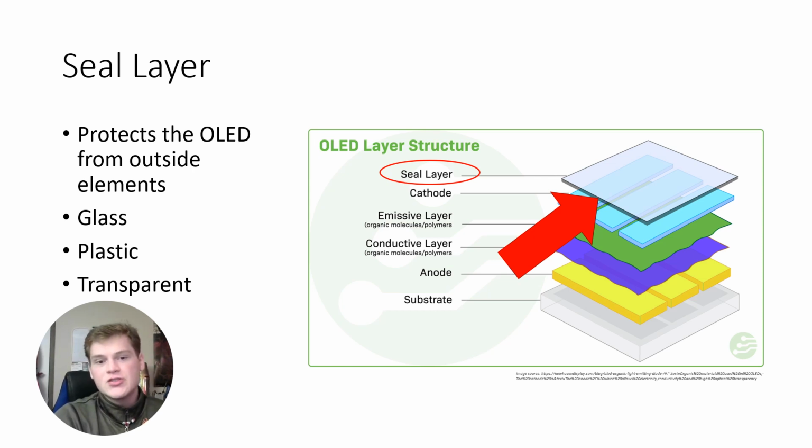But overall, it's just a way to kind of shield the OLED from outside elements. The seal layer can be transparent or it can be opaque, once again depending on the end use, whether this is just a one-way screen or a one-way light, or if you want like a transparent display, or maybe a light fixture where light is emitted on both sides as to create like a more warm and ambient environment.